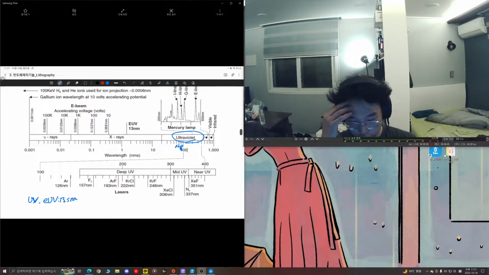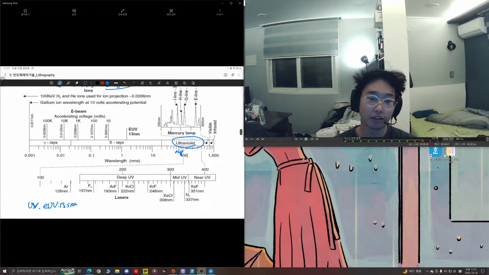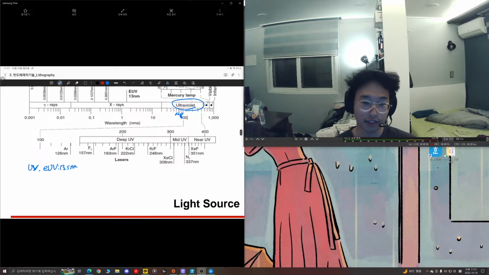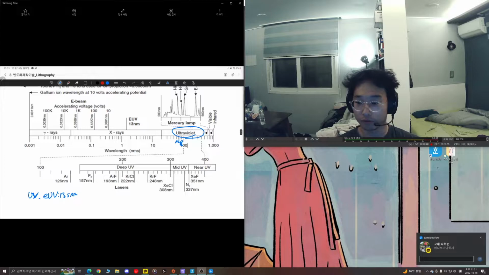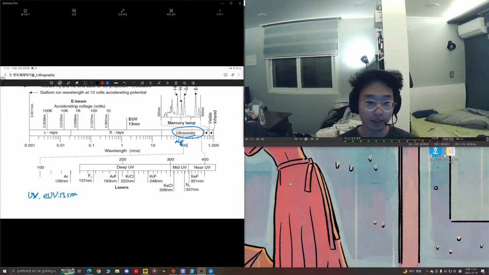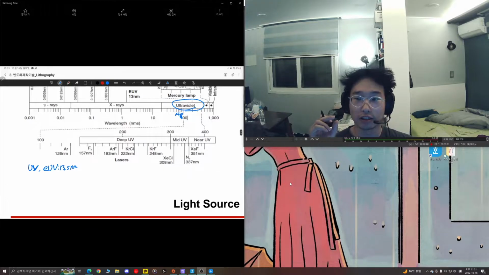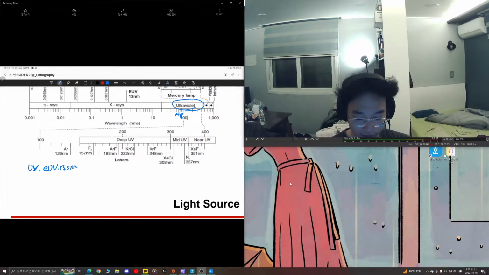These days we use UV, ultraviolet, because it's easy to get, easy to use, and it has a really small wavelength.